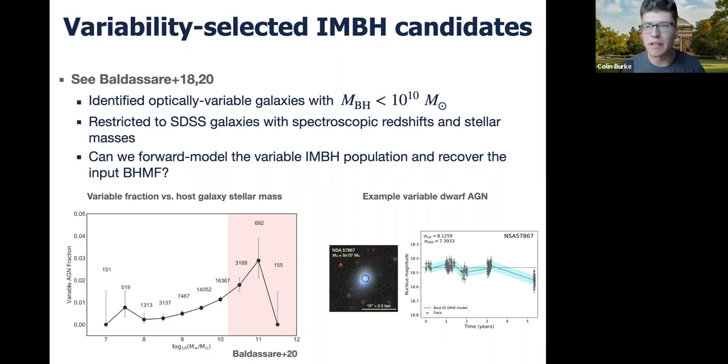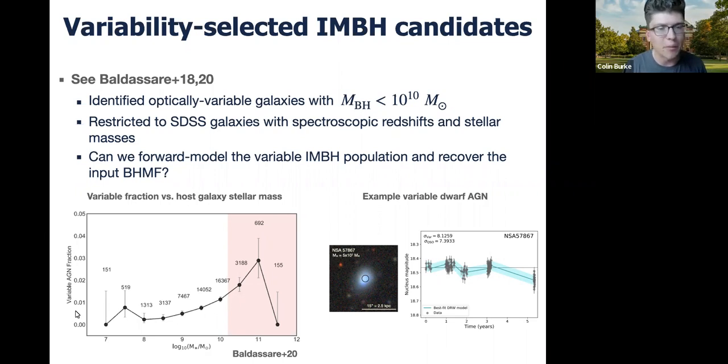This was restricted to the SDSS catalog with galaxy properties and stellar masses. If you see, like on the bottom right here, something that looks quite convincingly like an AGN in a dwarf galaxy with a 10 to the 7, 10 to the 8 stellar mass, then I would say that's an interesting candidate for an IMBH, something on the upper end of the IMBH regime. It's hard to fit a supermassive black hole in a galaxy that small.